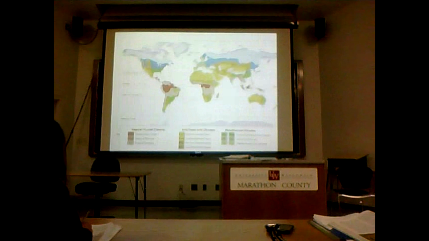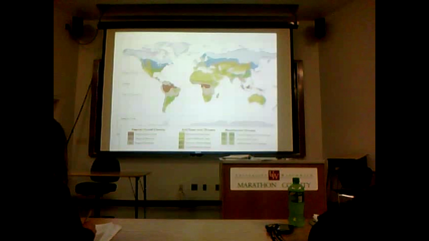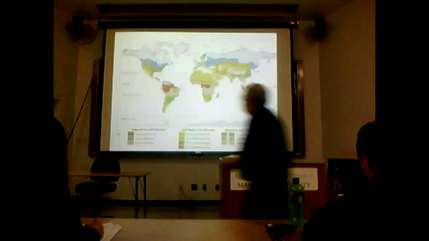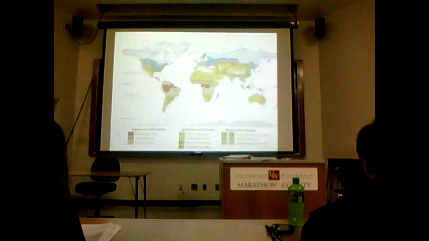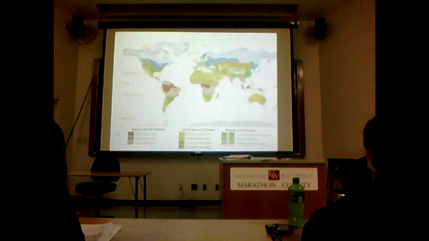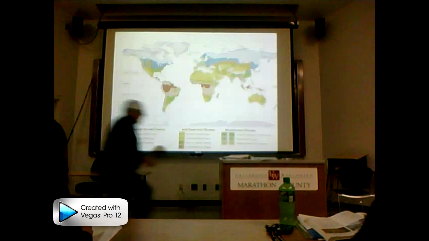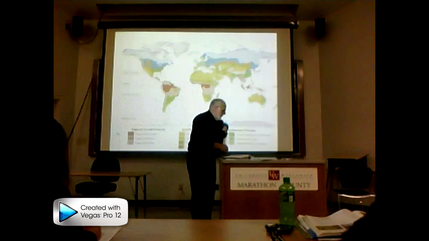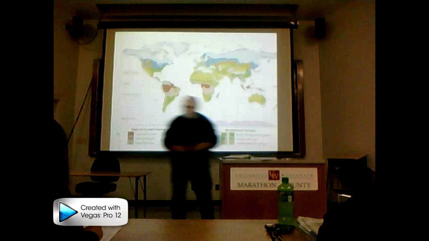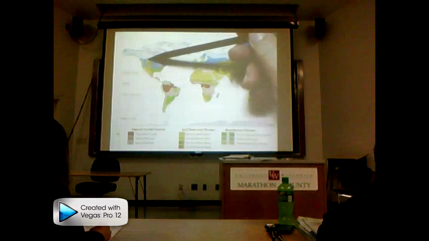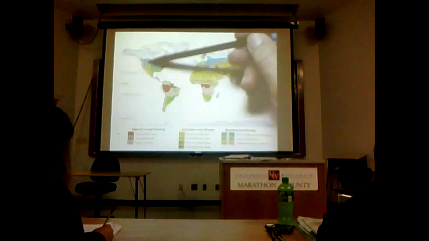Third reason, but again a minor one in comparison to these, is the leeward side of mountains. If you look at the U.S., okay, dry area up through here, dry area up through there.